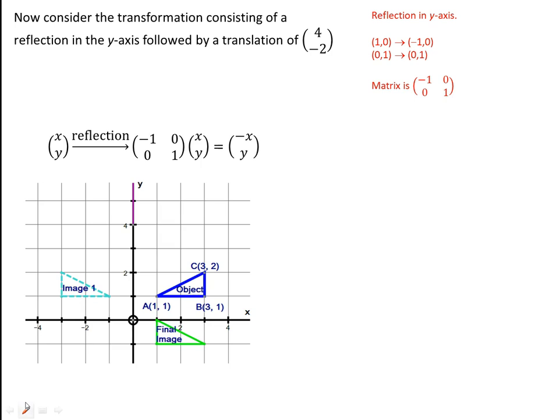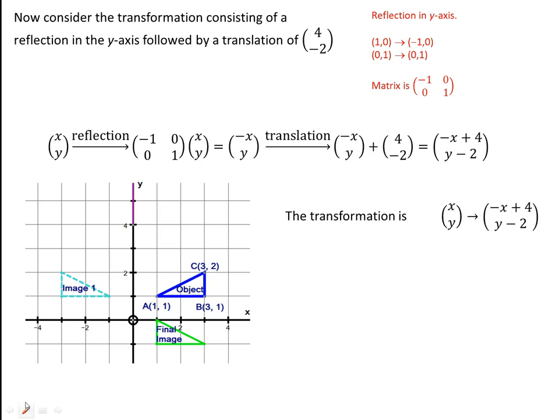And then when I do my translation of (4, -2), the point (-x, y) goes to (-x, y) plus (4, -2). In other words, it becomes (-x + 4, y - 2). So the transformation takes the point (x, y) to the point (-x + 4, y - 2).